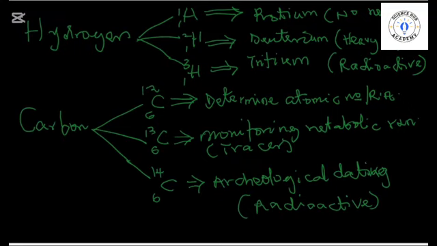Those are the common isotopes we have for hydrogen and carbon, and we are supposed to know what they are used for. Now you get to realize that in the periodic table, most of the elements are not whole numbers.